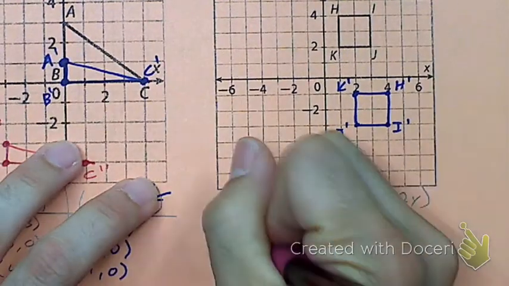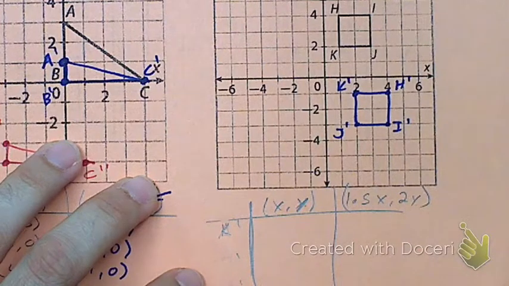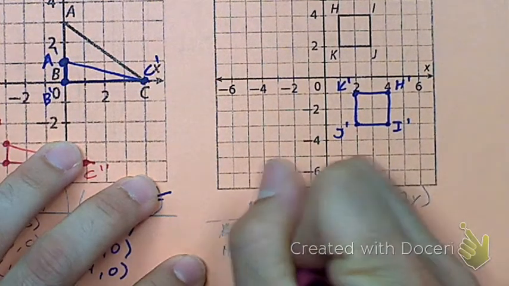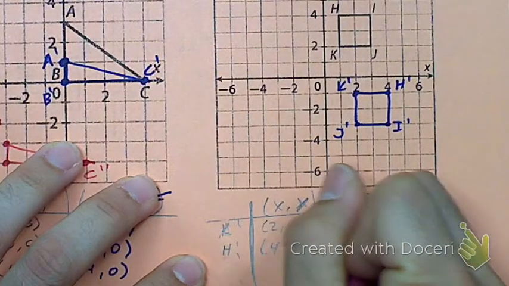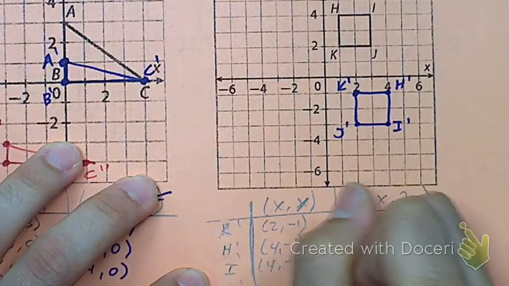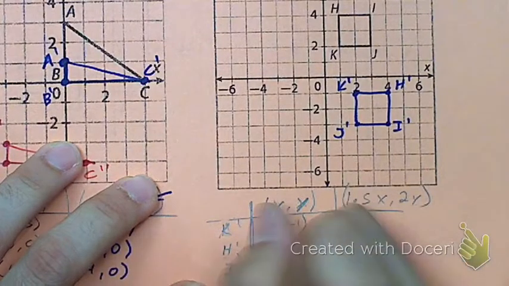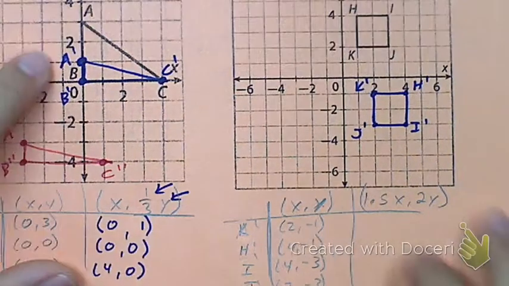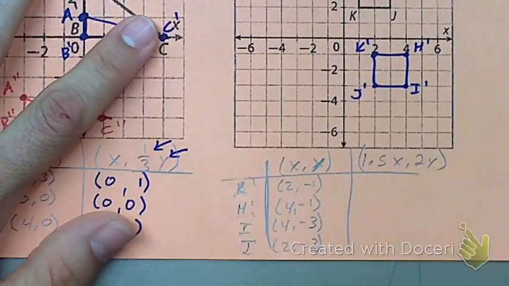What's my new K at? 2, negative 1. H. 4, negative 1. I. 4, negative 3. And 2, negative 4. J. I'm multiplying my x's by 1.5 and my y's by 2.